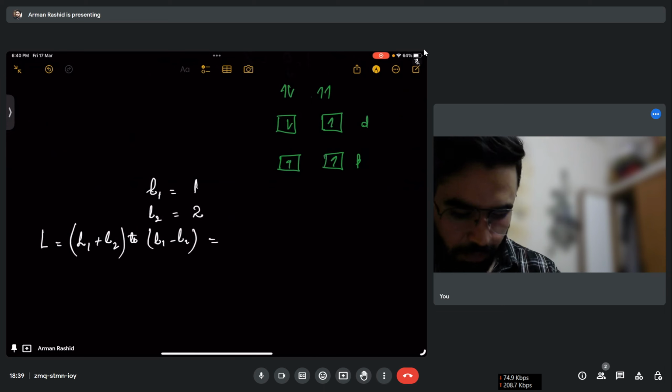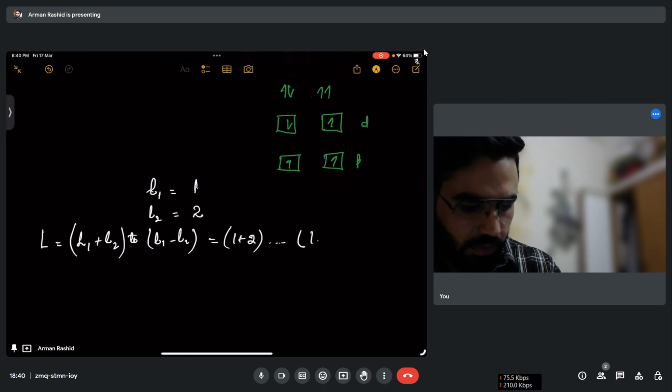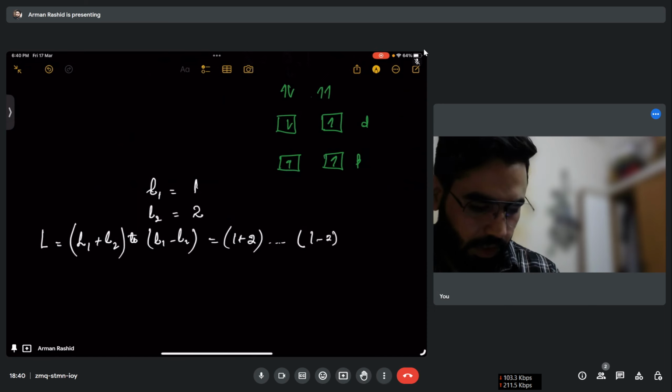So L1 plus L2 is 1 plus 2, to 1. So this is 3 to 1.